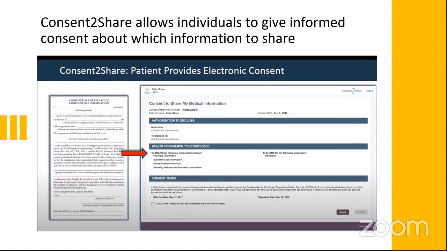And then when they get over to the behavioral health provider, they can use a similar app to basically give informed affirmative consent to share their behavioral health information with their primary care. And that way, there's a clear line of consent of what to share.